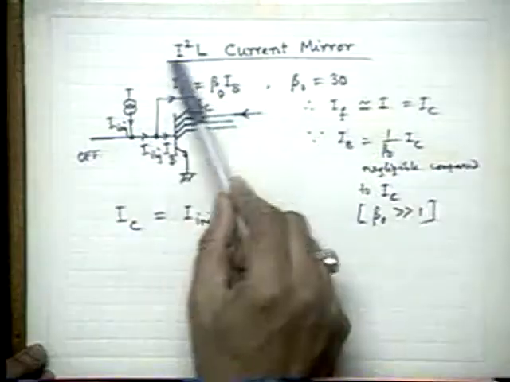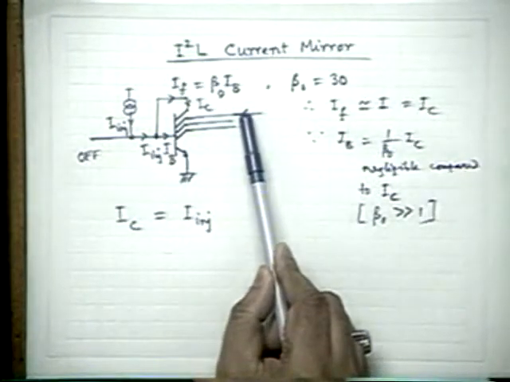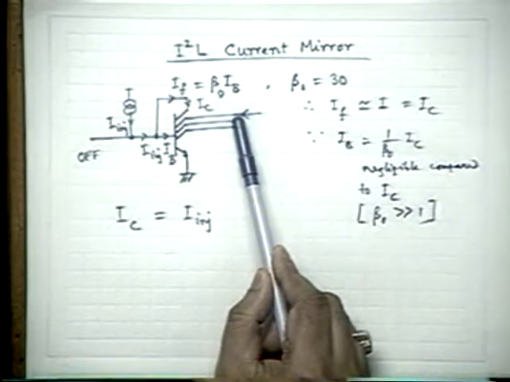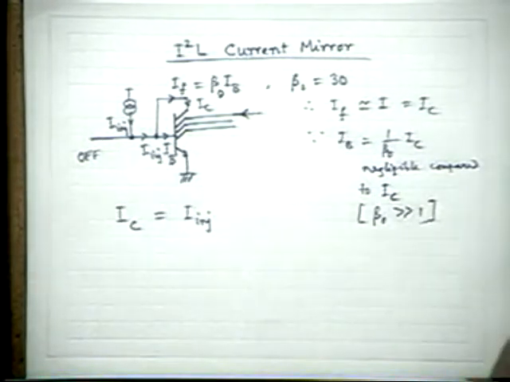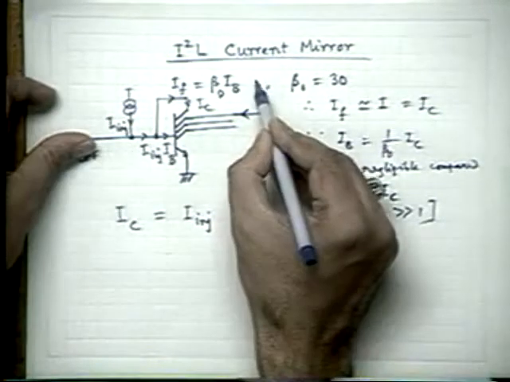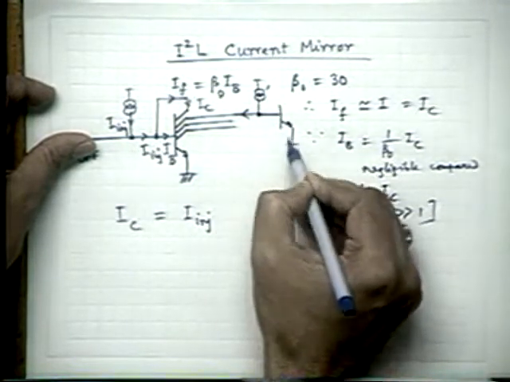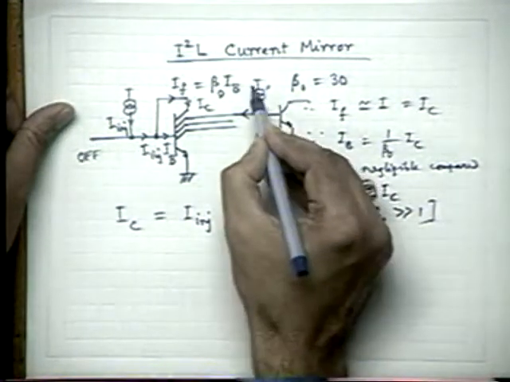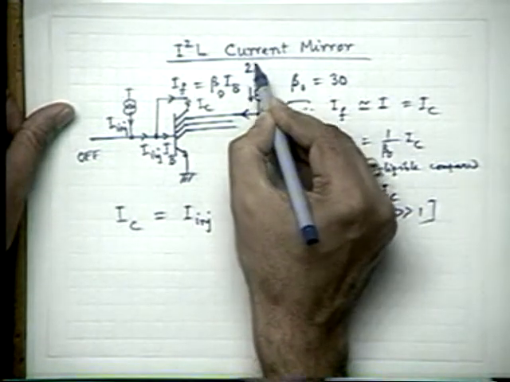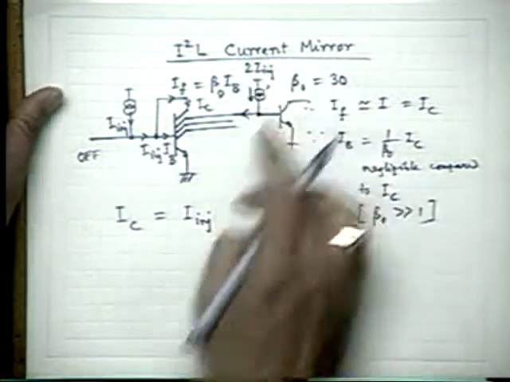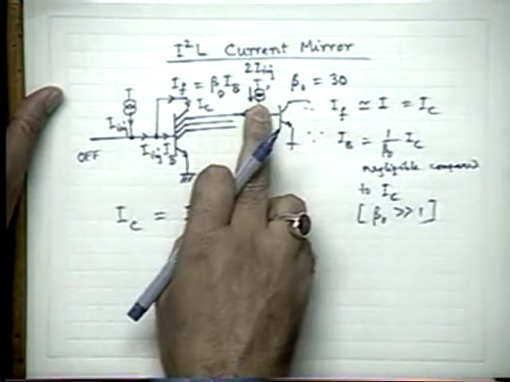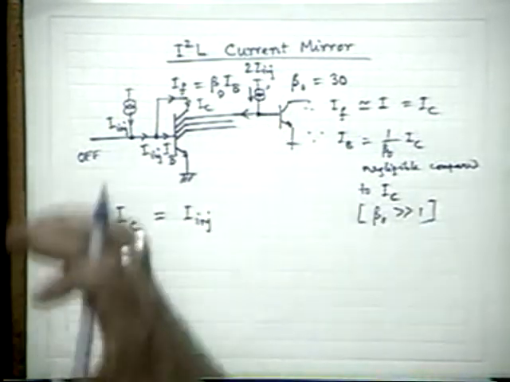But in this case, the design is such that it will draw only I injector and not more than that. So the remaining current will go to the other base. That is a very interesting thing. Suppose this current has been designed for 2 I injector, simply by increasing the overlap length. Okay?